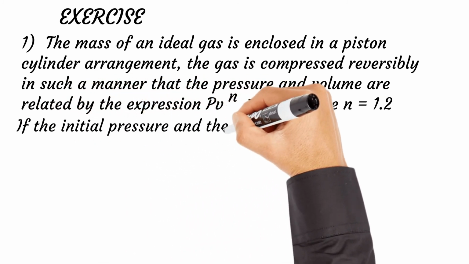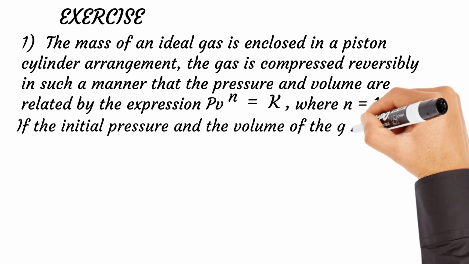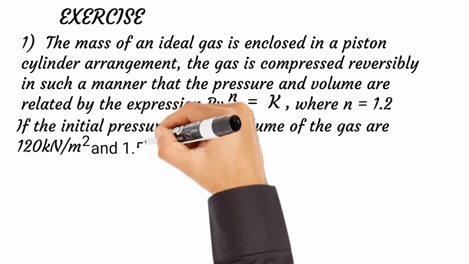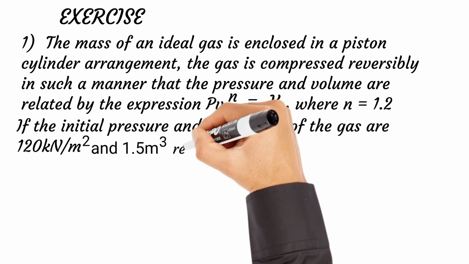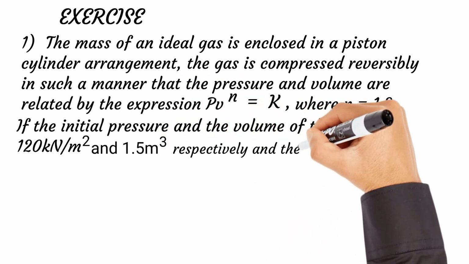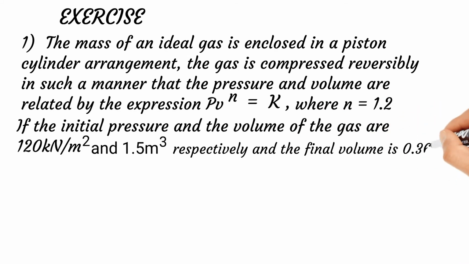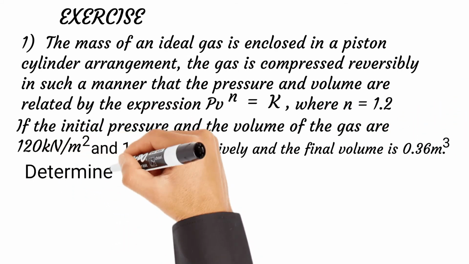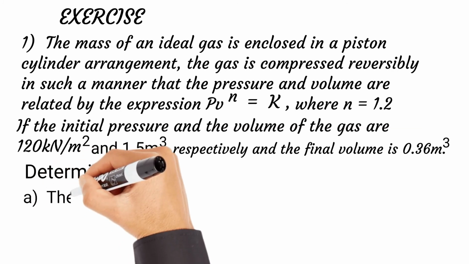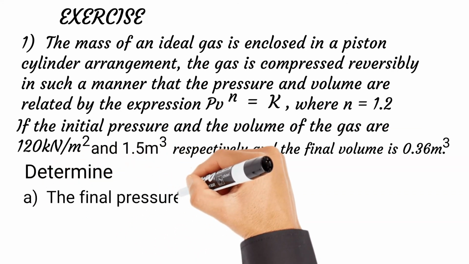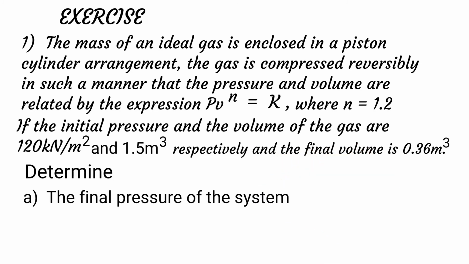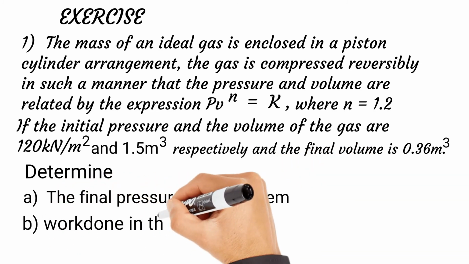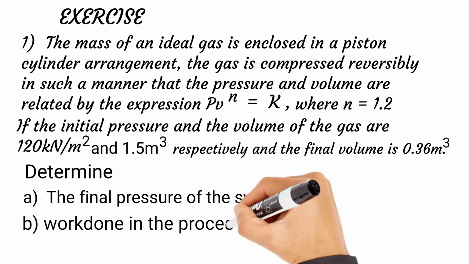The initial pressure and volume are given as 120 kilonewton per meter square and 1.5 meter cube, respectively, and the final volume as 0.36 meter cube. Right? You're going to be determining the final pressure of the system, and then you're also going to be looking for the work done in the process.